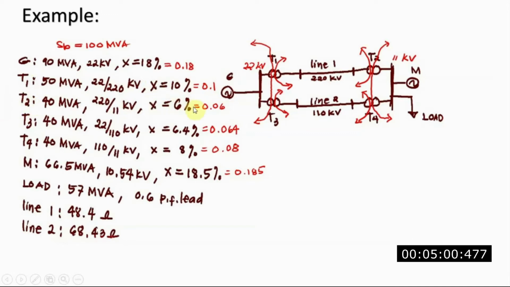For T2 you have 0.06, for T3 you have 0.064, for T4 you have 0.08, and for your motor 18.5%, divided by 100, which is 0.185. We are going to get also for the load, and for line 1 and line 2. This is how you set up the system for us to apply the per unit concept.